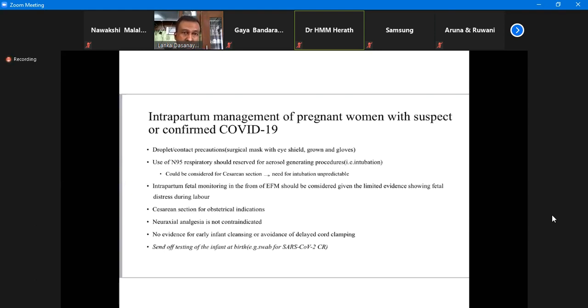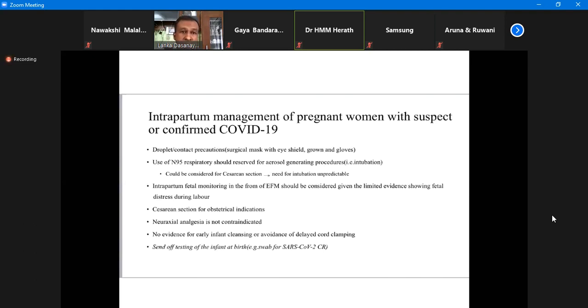So as Dr. Daya said, wearing a face mask, eye shield, gowns and gloves is important, especially for healthcare workers, to protect from infection. In the case of aerosol generating procedures, that means any surgery for the pregnant woman done under general anesthesia needing intubation, it is high risk, so the healthcare worker should use an N95 mask.